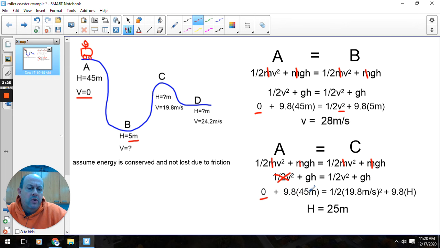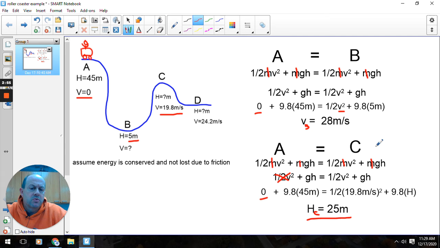So we have 9.8 times 45, that was our mgh, or gravity times height for part A, equals 1/2 v squared, because for C we know the v is 19.8 meters per second, and that's squared because of the formula, plus gravity times height. If we do the math on that, we will come up with a height at point C of 25 meters.